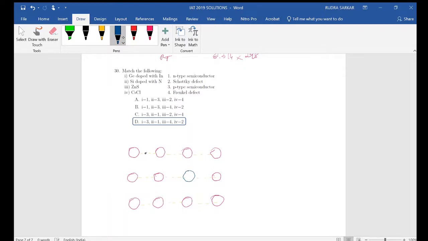For each germanium there was bonding like that.